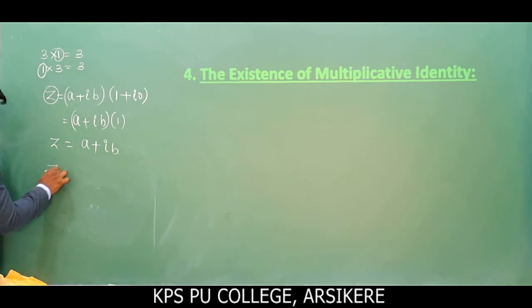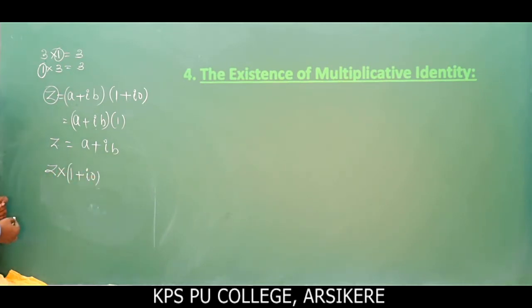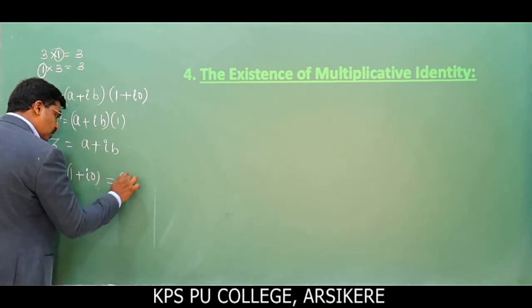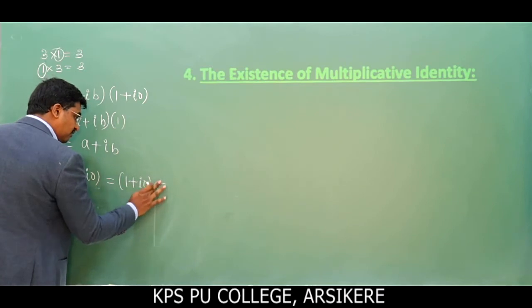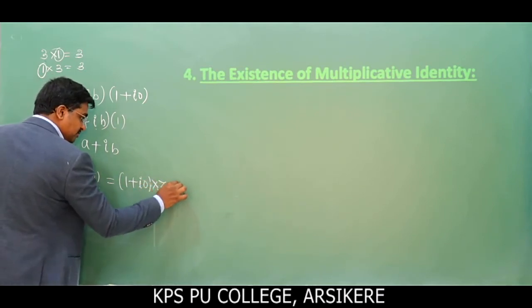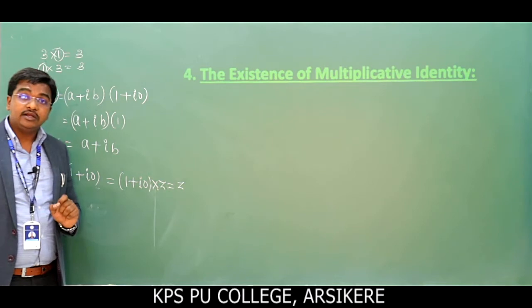So z times 1 plus i into 0 is equal to 1 plus i into 0 times z, which is equal to what we are left with there? The same z. So this is called existence of multiplicative identity. Tell me, what is the multiplicative identity here?